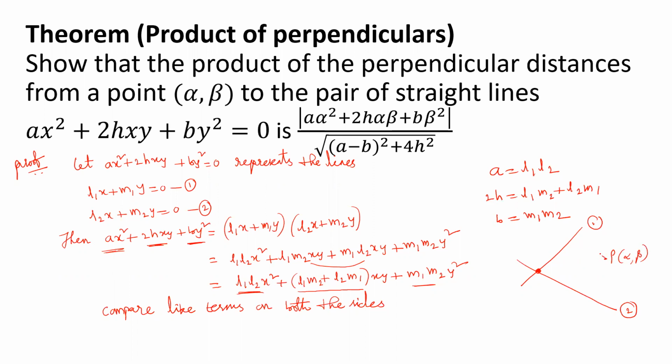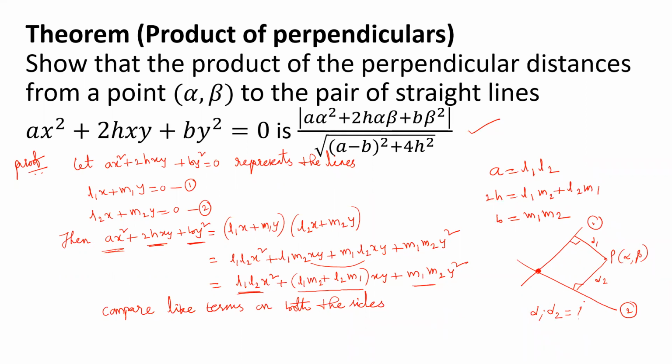Now the perpendicular distance from P to the first line, let it be D1. Perpendicular distance from P to the second line, let it be D2. So they are asking us to find the product of these two distances, D1 into D2 is equal to question mark. This we have to prove.